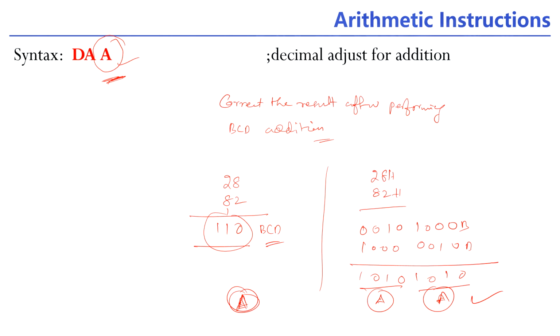Let us note this BCD result should be 110, and we are getting hexadecimal result AAH.